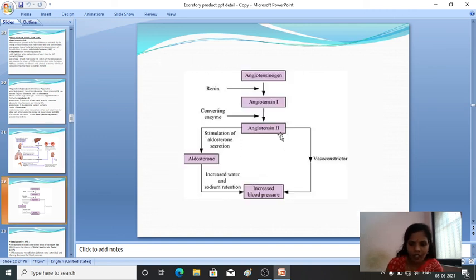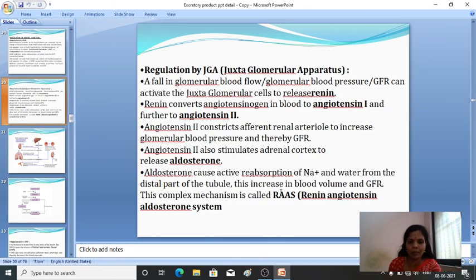Then angiotensin 2 also stimulates the adrenal cortex to release the aldosterone.